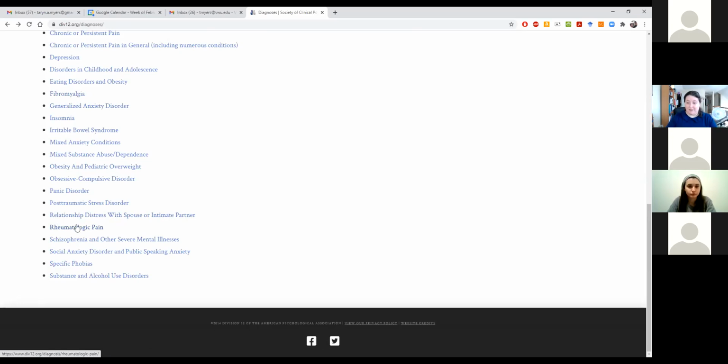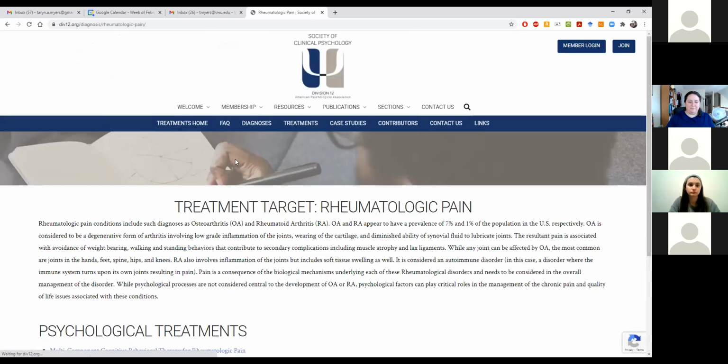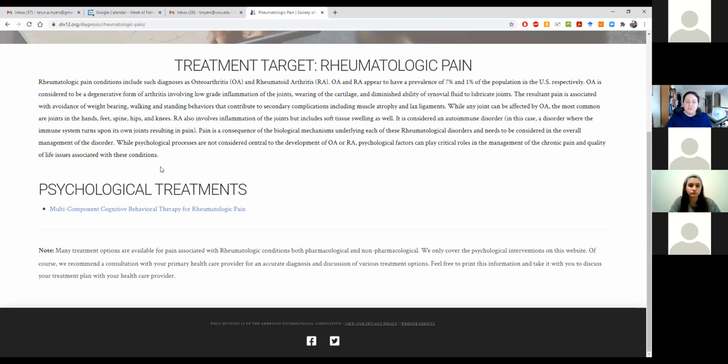And here you see pain due to rheumatoid arthritis. And there are therapies that work for those because of the stress-related component. And there's actually psychological things you can do for physical pain. And that's really a nice new subspecialty in health psychology.